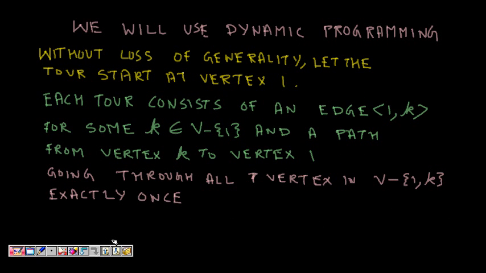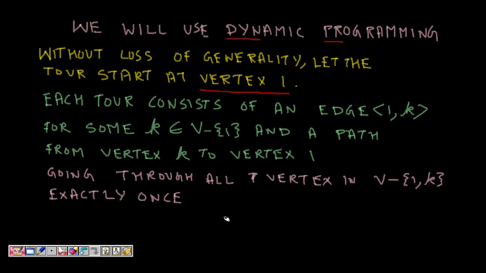To decrease the complexity, we use dynamic programming. Again, as I said, without any loss of generality, in a cycle I can start from anywhere, it doesn't differentiate. So let's say I start from vertex 1 and each tour consists of an edge.